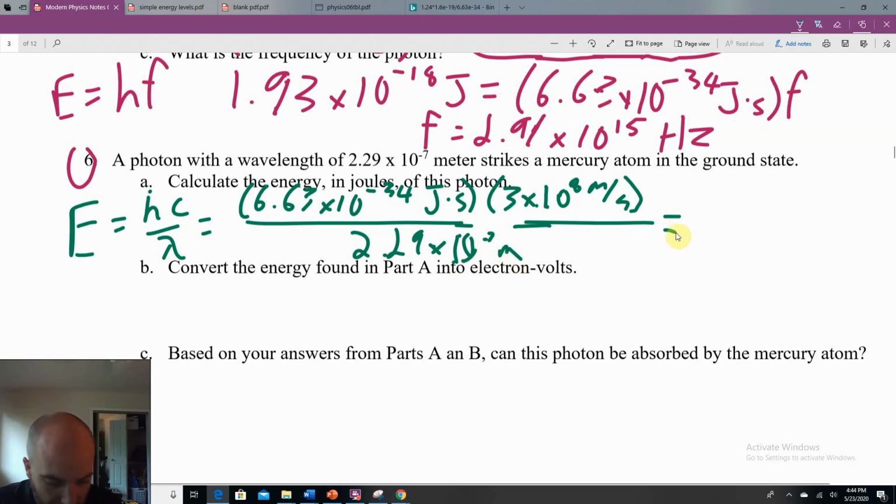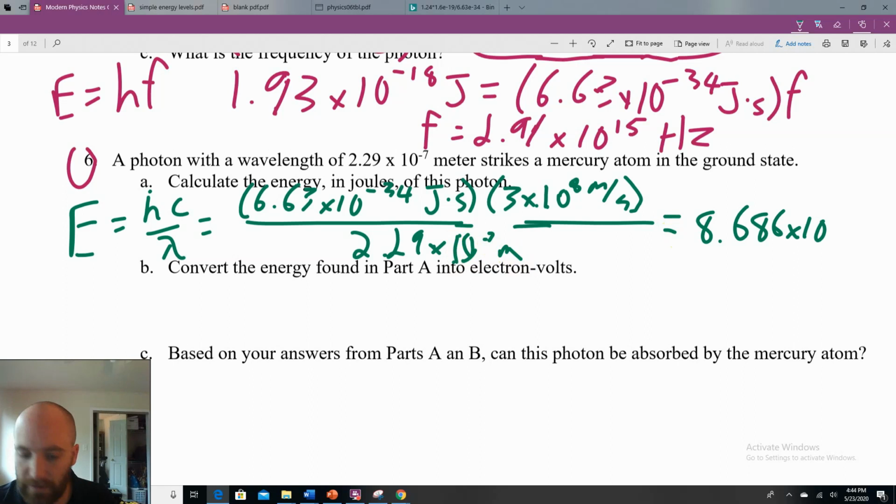Alright, throw that in the calculator real quick, and I got 8.686 times 10 to the negative 19 joules. Cool. Alright, so that's our energy in joules. And now I'm going to ask you to convert this into electron volts.